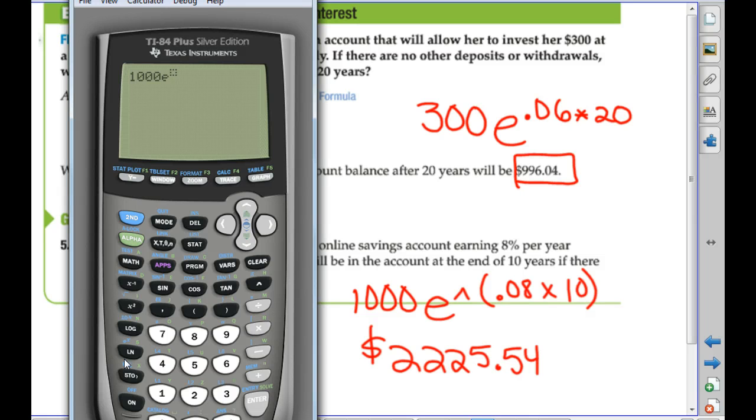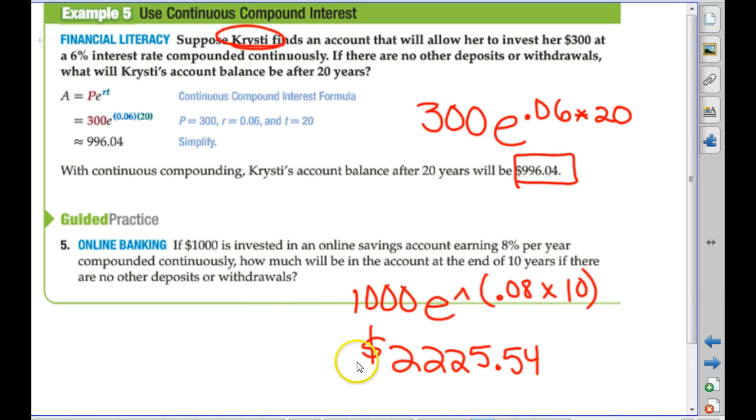So it saves you touching all those keys, and it just does it automatically. All right, and then we did 0.08 times 10. Any questions? Yeah, what's the other key? That's a good question. It is above the divide. Yes, above the divide. If you just did second divide, you would also get an e, but then you would have had to hit to the power of, parenthesis, and so on.